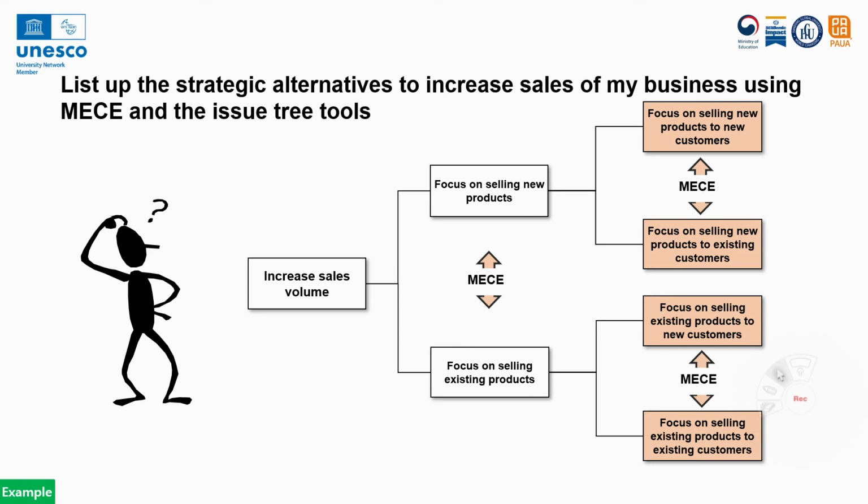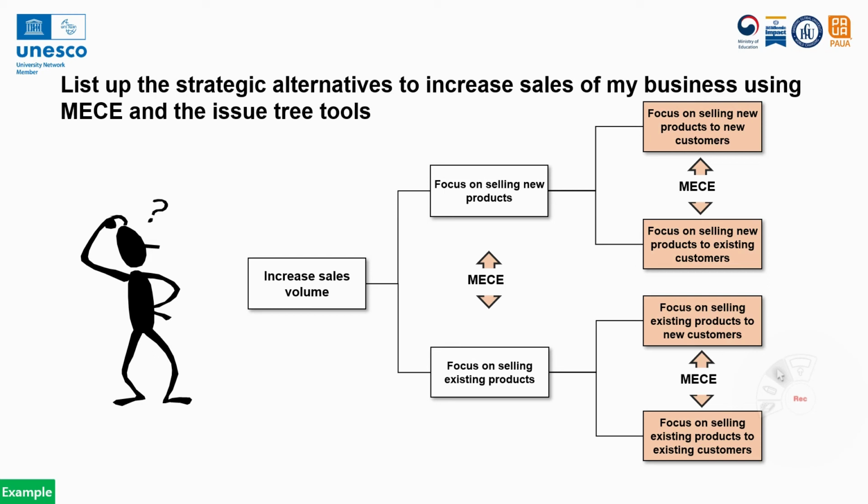Once you have disaggregated big issues into small issues, you can go on disaggregating the issues one level deeper. So focusing on selling new products can be disaggregated into another two options.